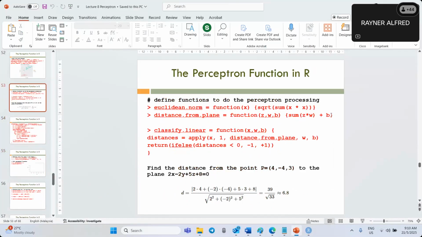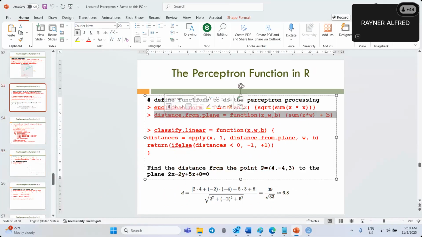So this is the distance from the line that we have.